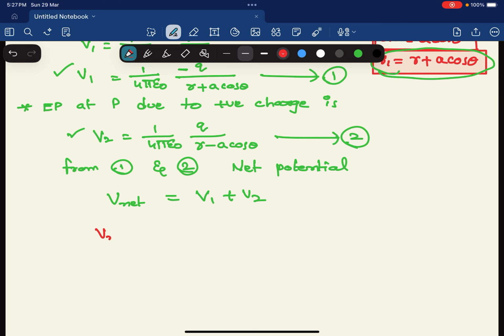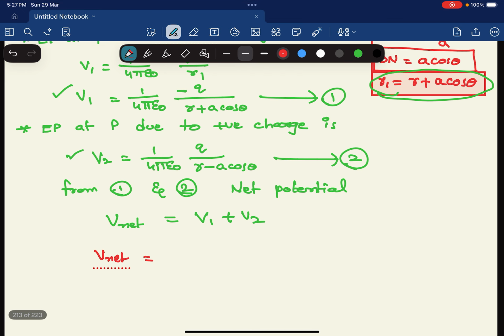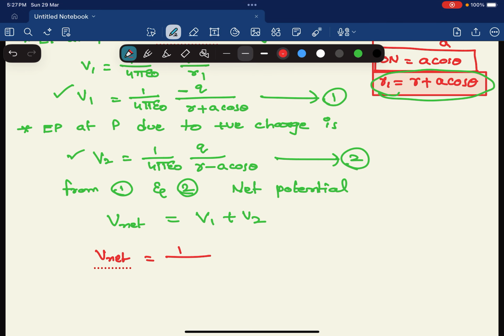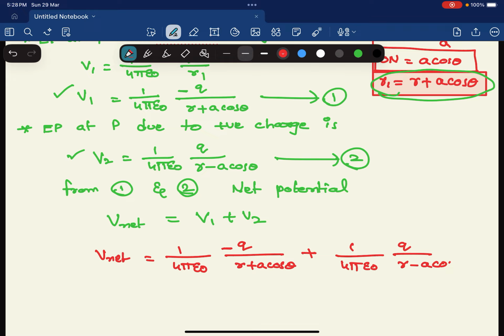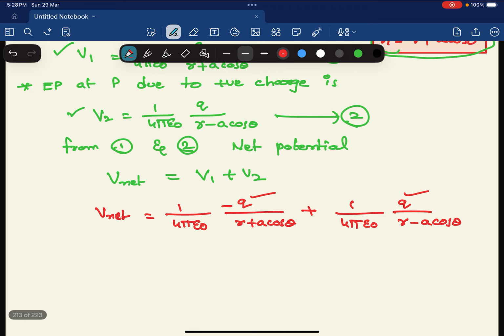Okay, so V net is equal to V1 means 1 by 4 pi epsilon naught into minus q by R plus a cos theta, plus V2 means 1 by 4 pi epsilon naught into q by R minus a cos theta. Okay, now I'm going to rearrange the step. At the same time, q as well as 4 pi epsilon naught terms are the same, right? So the constant terms, I mean common terms, I'm going to take out. Let's see. q by 4 pi epsilon naught I'm taking outside.